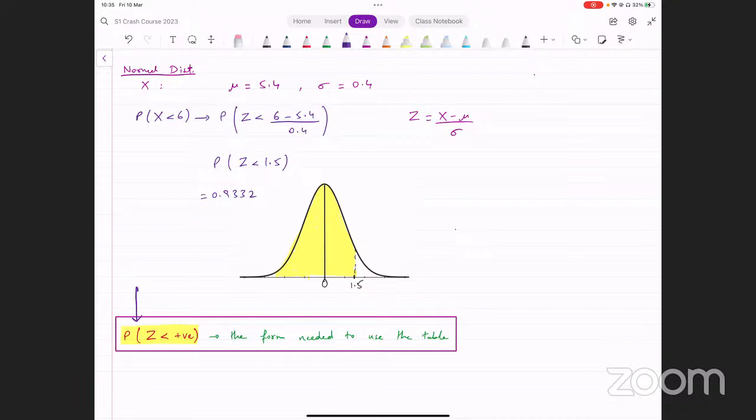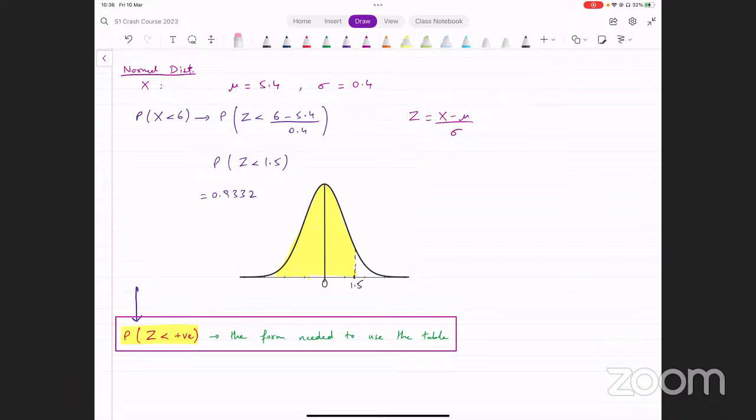So how do we calculate probabilities? The first thing we do is we use this formula z equals x minus mu over sigma to convert whatever we have to z first of all. Once we have converted that to this form, we use the table to find probabilities.